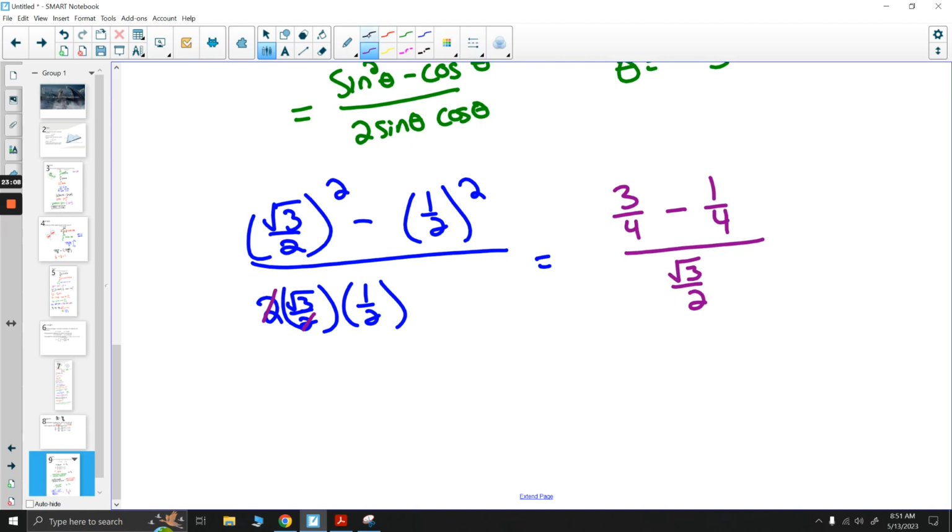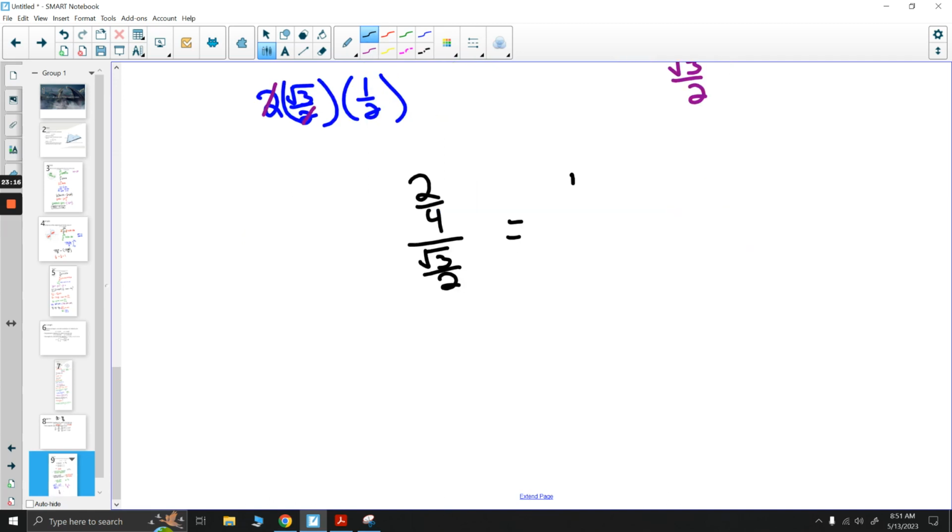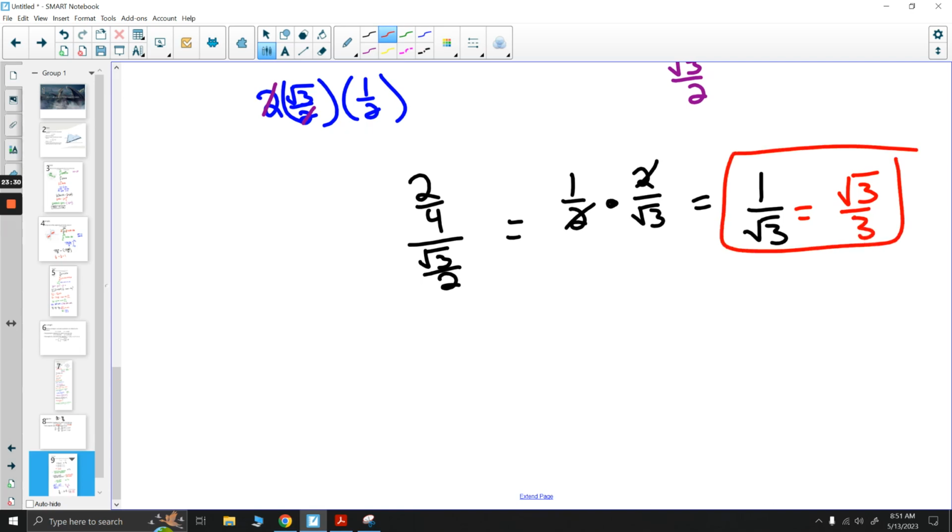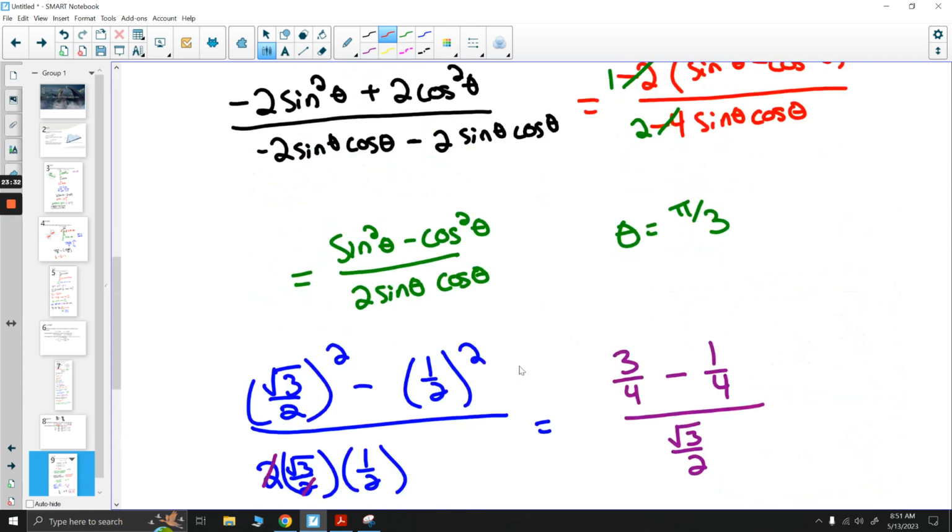So this is going to give us 2/4 over square root 3 over 2, which is really 1/2 times 2 over square root 3. These 2's cancel and we get 1 over square root 3, which if you'd like to rationalize it, would be square root 3 over 3. But that is our slope at that point.